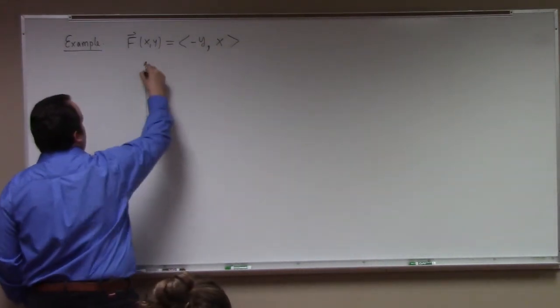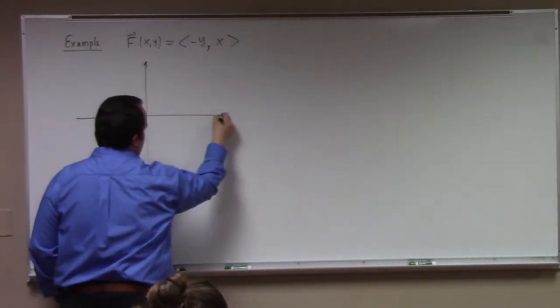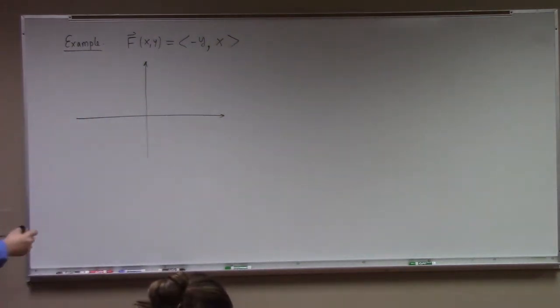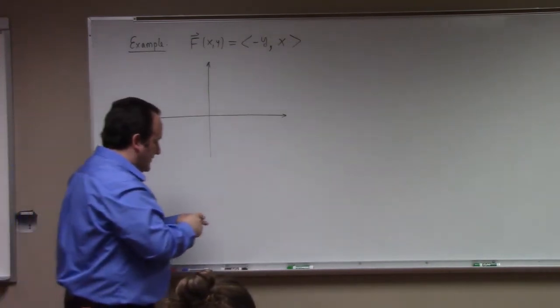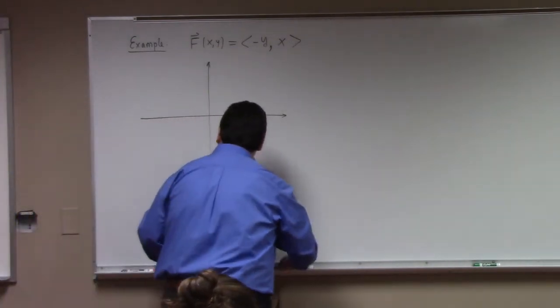This is probably the only time that I will approach it from this method and just specifically plot vector after vector point by point. But I think it's important for us to do this as we're starting, much like when you're starting to graph functions, you make tables of values. It's kind of like that.